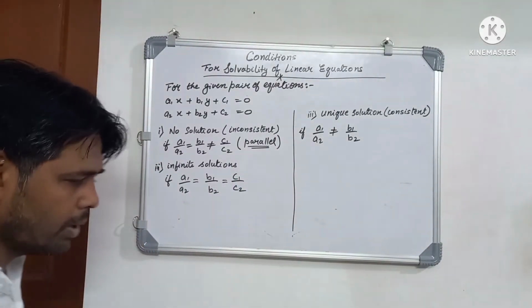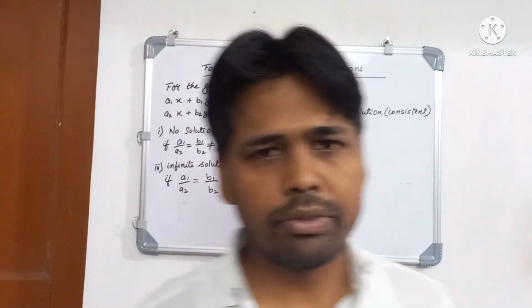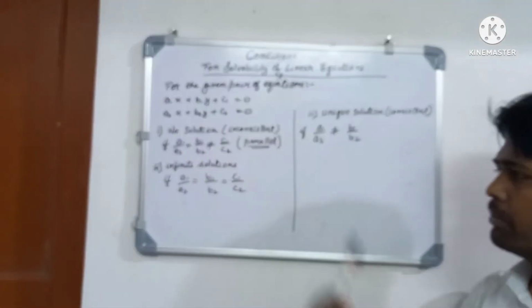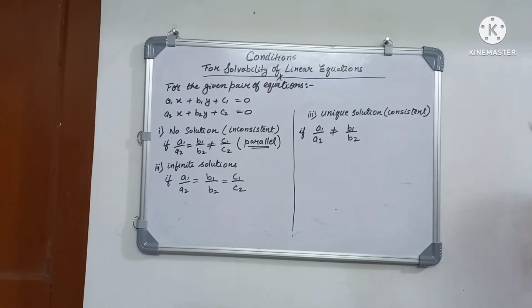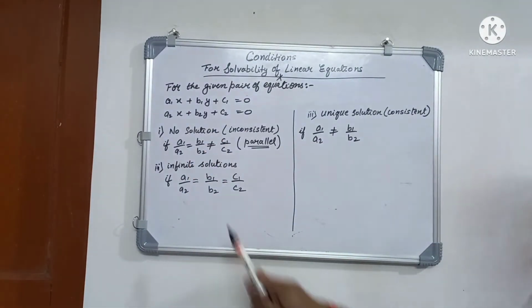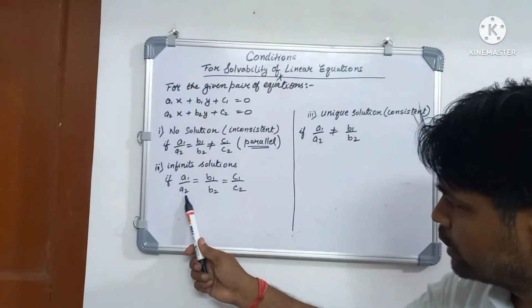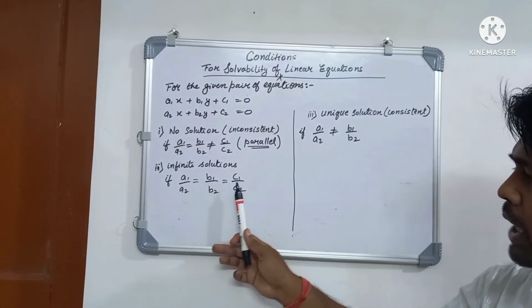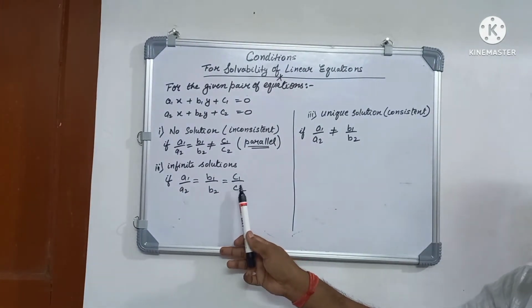Now let us talk about the condition where we have an infinite number of solutions. For this, the condition for the given pair of equations should be satisfied in the manner that a1 upon a2 will be equal to b1 upon b2, and it will again be equal to c1 upon c2.